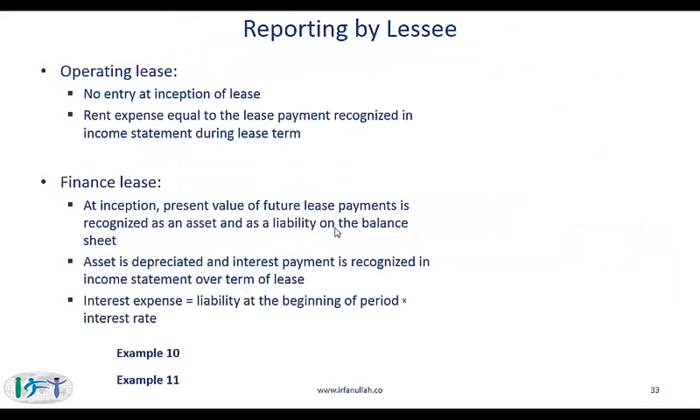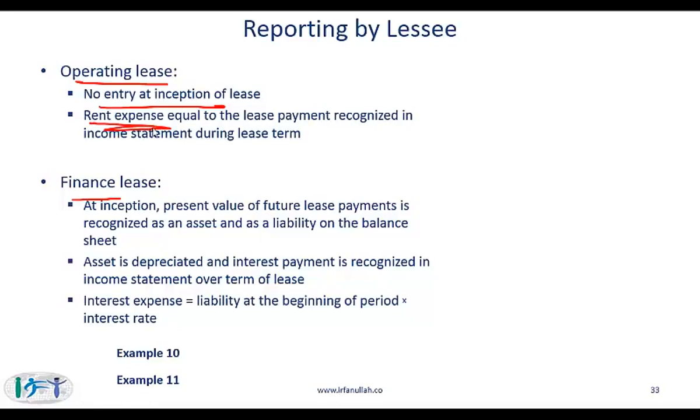Now, how do you report and account for a lease? The reporting varies depending on whether you have an operating lease or a finance lease. With an operating lease, you do not record any asset, you do not record any liability, so no entry at the inception of a lease.